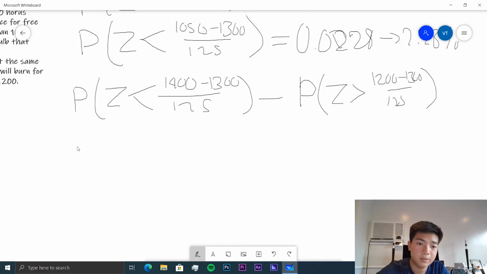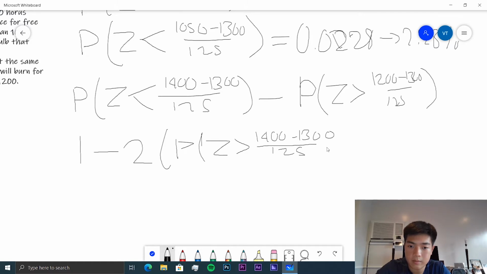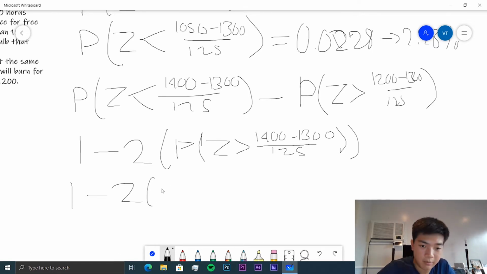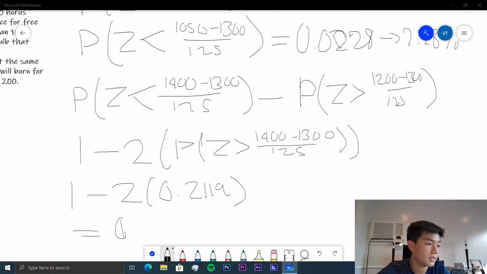So this probability will be equal to 1 minus 2 times the probability that it burns for longer than this, because it's a mirrored function. So that's 1 minus 2 times the probability of 100 divided by 125, which is 0.8. So that's 0.7881, so 1 minus 2 times 0.2119, which is equal to 0.5762.